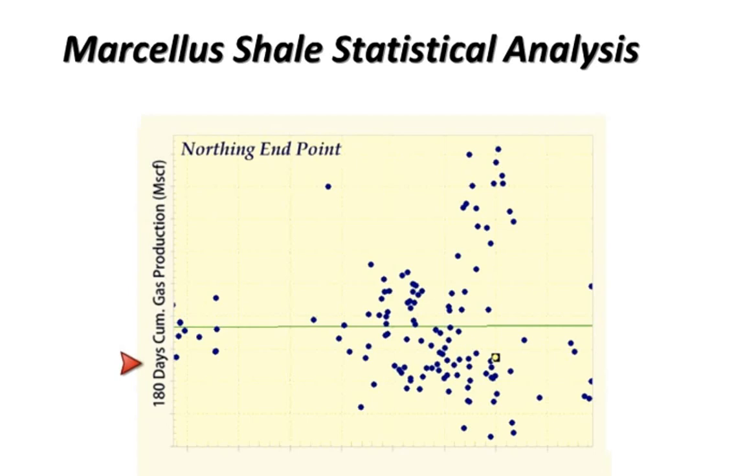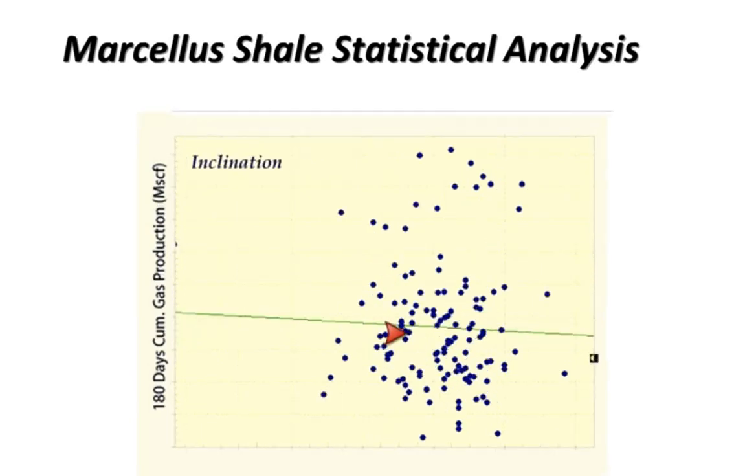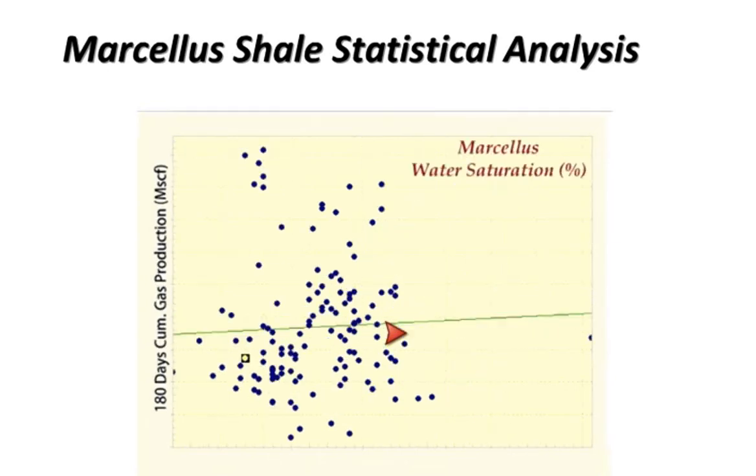So when you plot the production indicator versus northern endpoint or latitude, you see this blob of data. And if you do that for inclination, again, x-axis is inclination, y-axis is production index, 180-day cum, and again, you see this blob of data. There is no pattern that can be deduced from that. If you go to reservoir characteristics, for example, this is water saturation versus productivity index or production indicator.